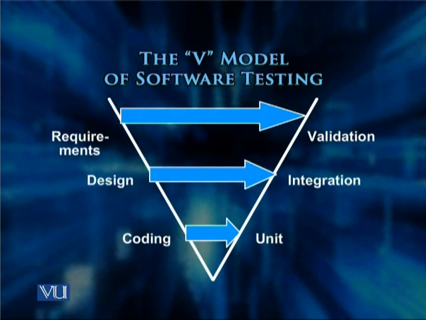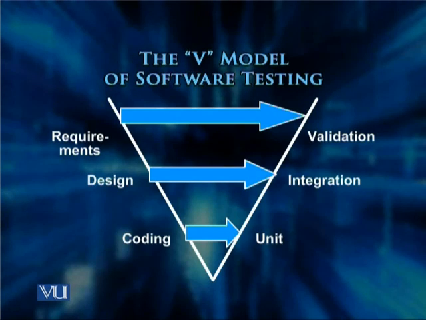And this picture also shows the relationship that exists between those development activities in the life cycle, which can be categorized as development activities like requirements, design, and coding, and their relationship with testing activities, unit, integration, and validation. And it also shows the linkages between different activities in the software lifecycle.